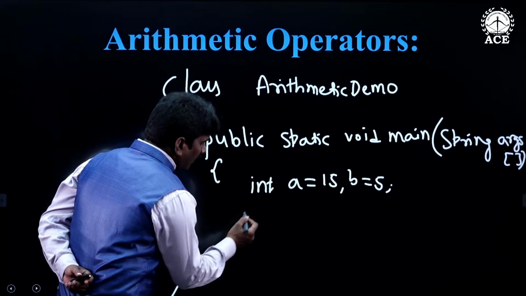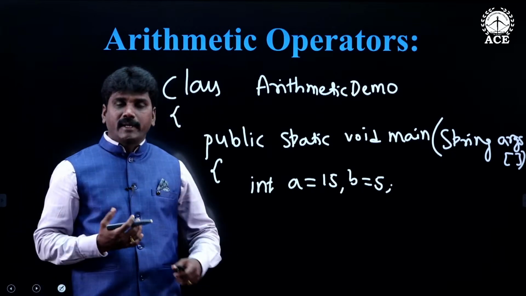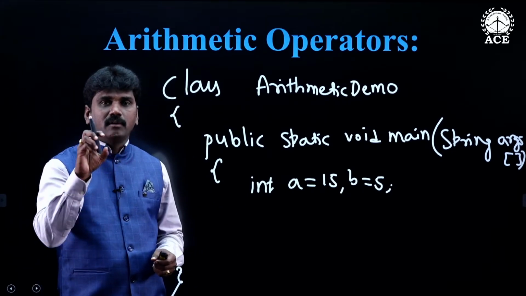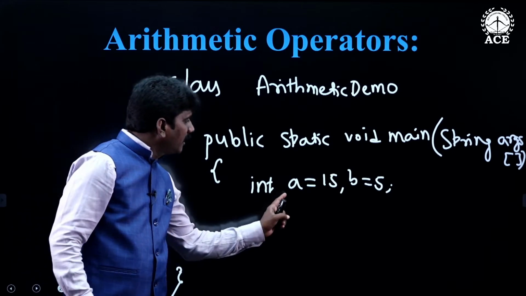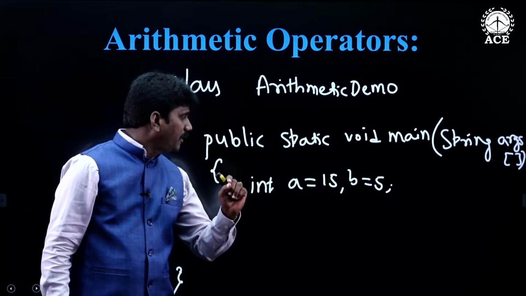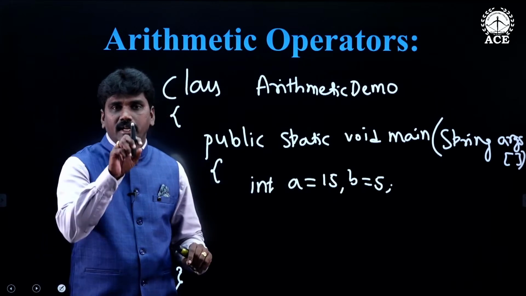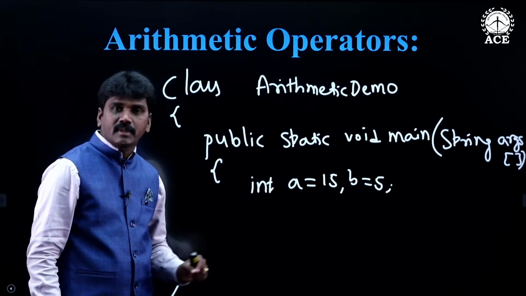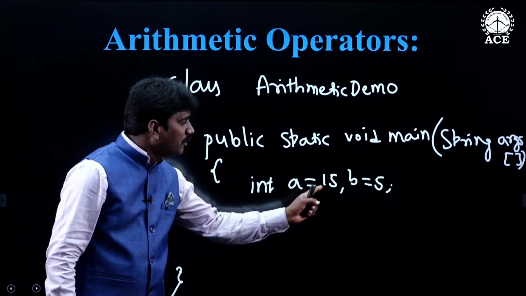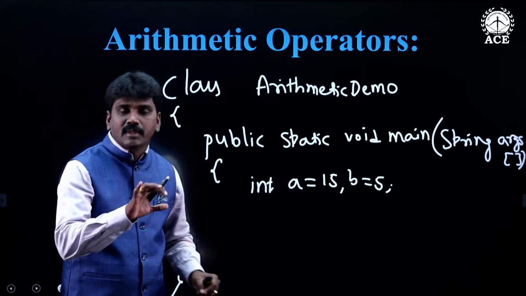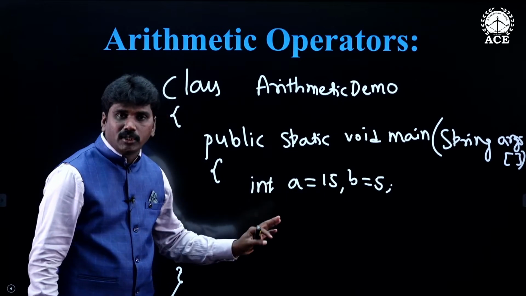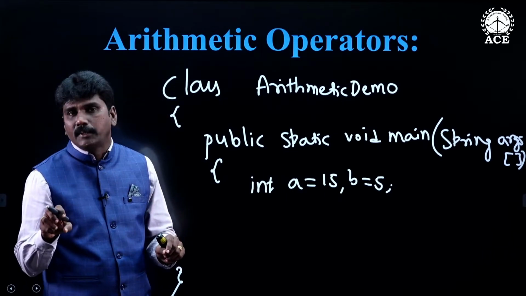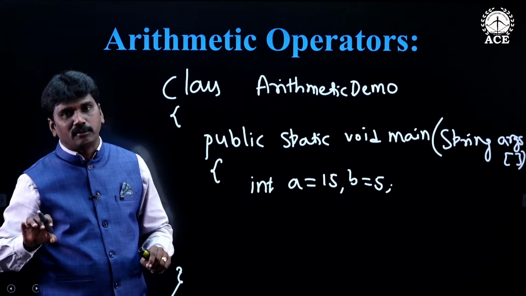Addition: if we add a and b, we will get 20. Subtraction is 10, multiplication is 15 into 5, 75, and then division and modulo division, whatever result we get, I would like to display.